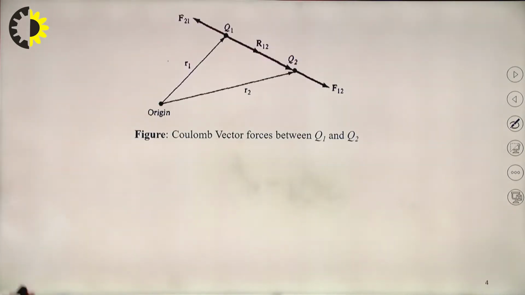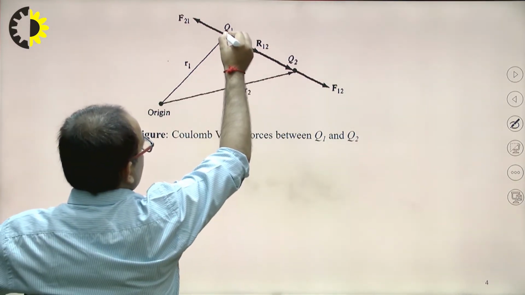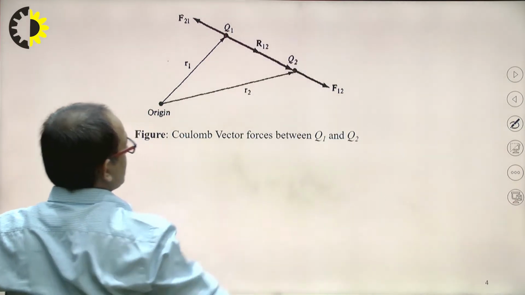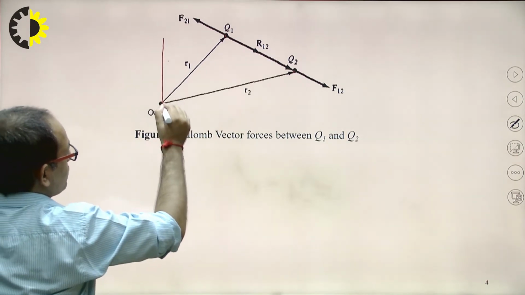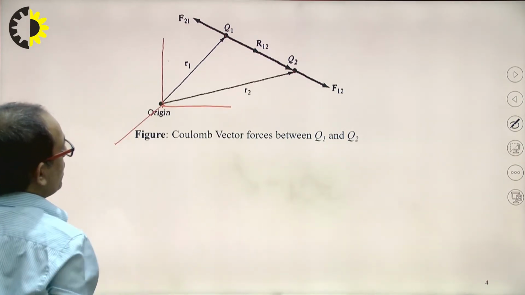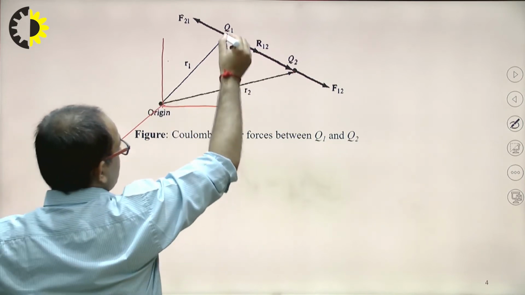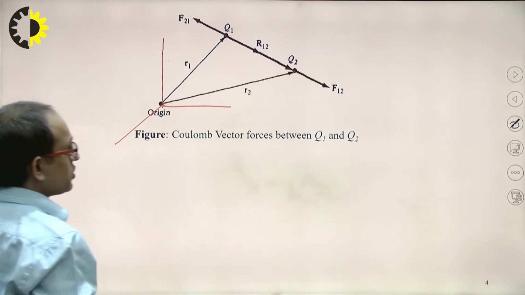Now say point charge q1 is there, and this is point charge q2, and this one is the origin. From the origin, at this point, there is a point charge q1 in space, and another point charge q2 in space.